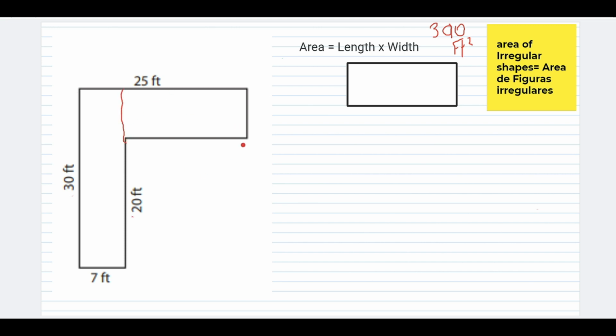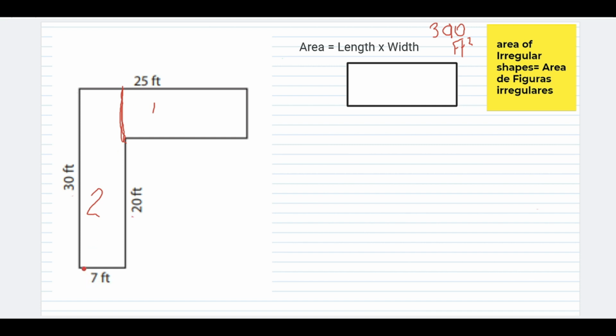This will be our first rectangle, and this will be our second rectangle. The length of the first rectangle, from this point to this point, is not going to be 25 anymore because it has been interrupted right here. To find out what it is, we subtract 25 minus 7.